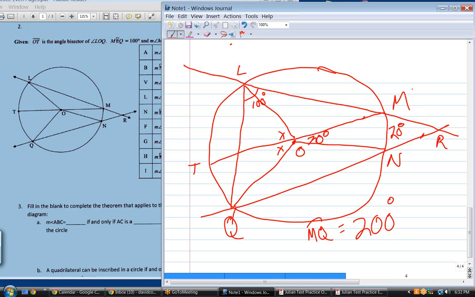If MQ is 200 and MN is 20, then QN has to be 180. Well, that's very helpful because that tells us what this angle is. What's this? Is that 180?